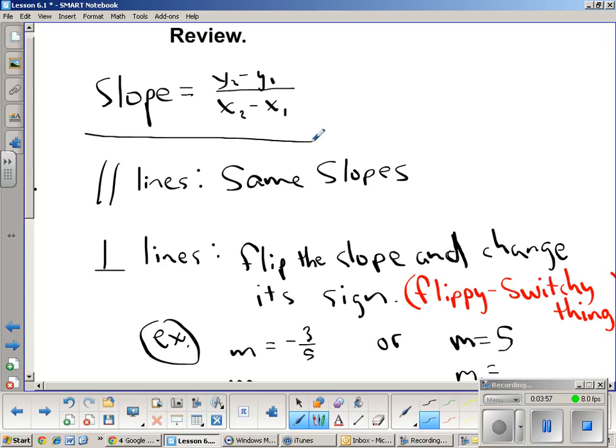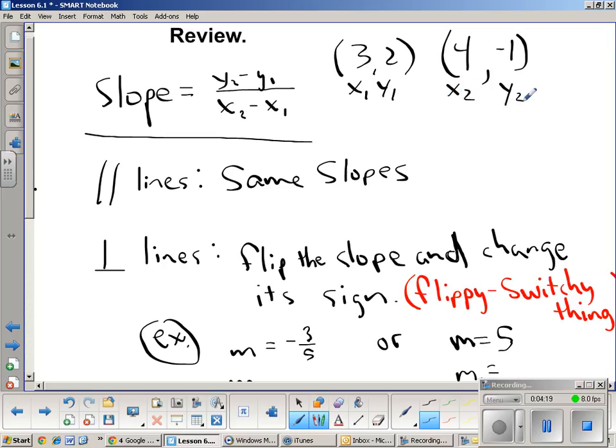What is that? Remember, I just take 2 points. For example, if I had point (3, 2) and (4, -1), I could determine the slope by using this formula. Remember, I say x1, y1, x2, y2, and I just plug that information in. Now, this isn't new stuff.